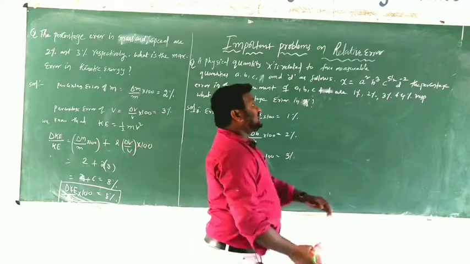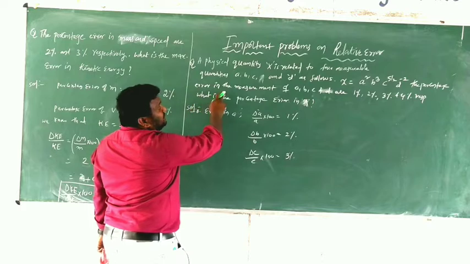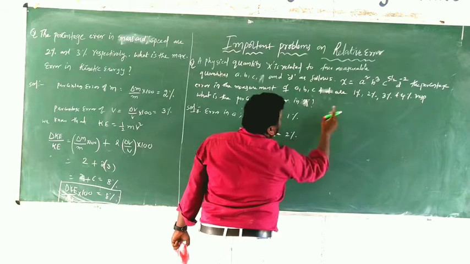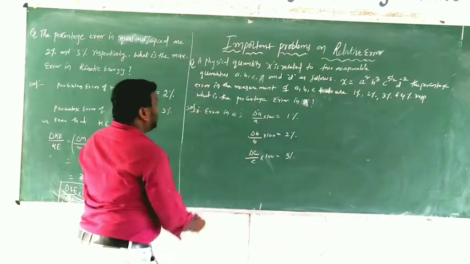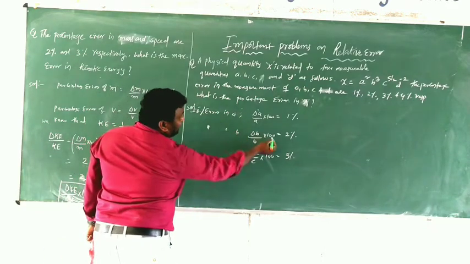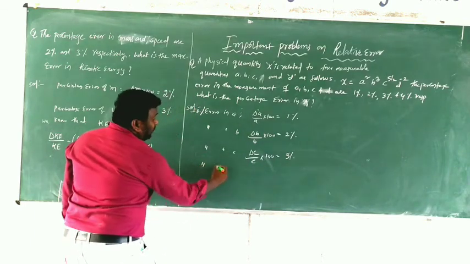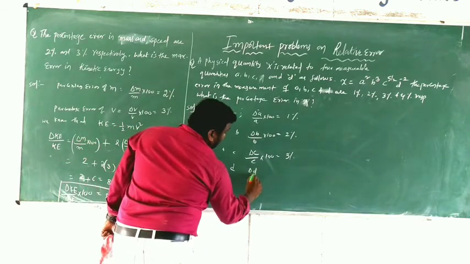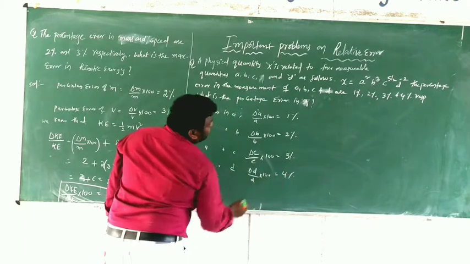Look here, the percentage errors in the measurement of A, B, C and D are 1%, 2%, 3% and 4%. So I am writing here the percentage error in A, in B, and in C is 3%. And now the percentage error in D. Similarly, delta D by D into 100 is equal to 4%.